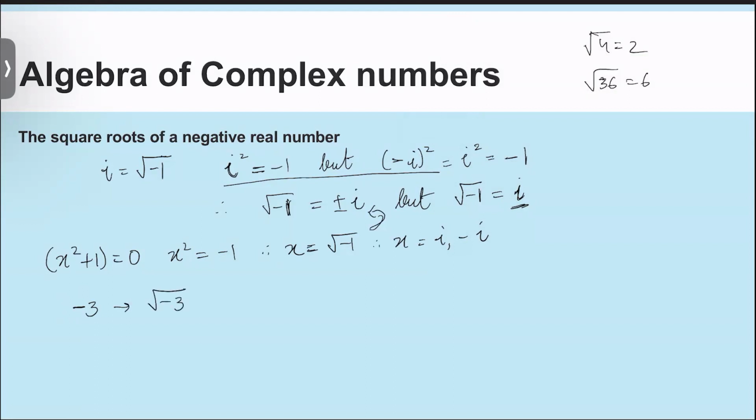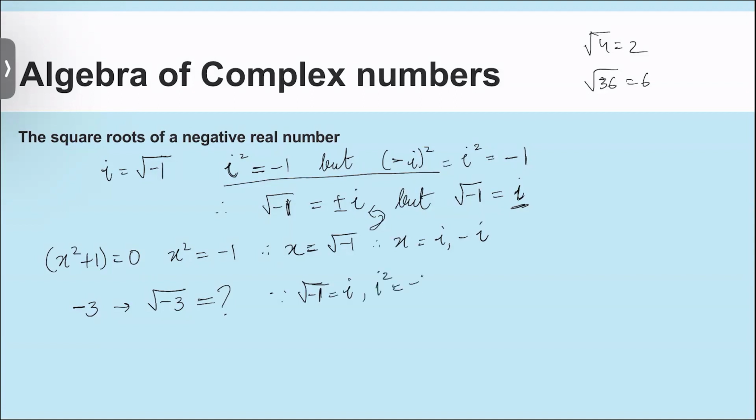This is difficult to find. That is why we had introduced complex numbers for that matter. Now if you just take out the minus 1 from here, since square root of minus 1 is equal to i, and i squared is equal to minus 1, just take the minus 1 outside.